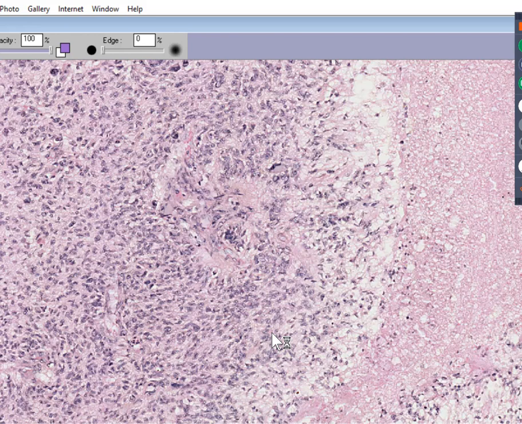This is what you call a perivascular growth pattern, because the tumor cells are most viable in the part that's closest to the blood vessel, which I believe this thing may be because it looks very circular.